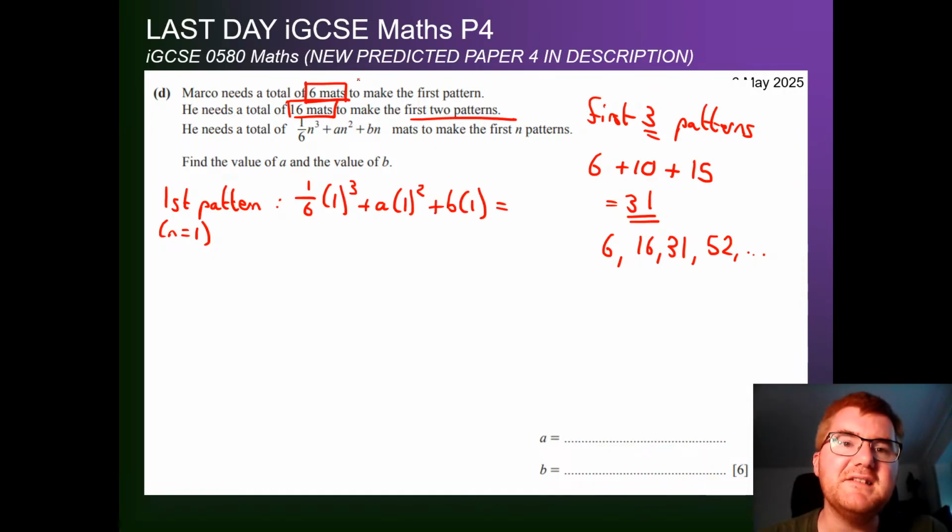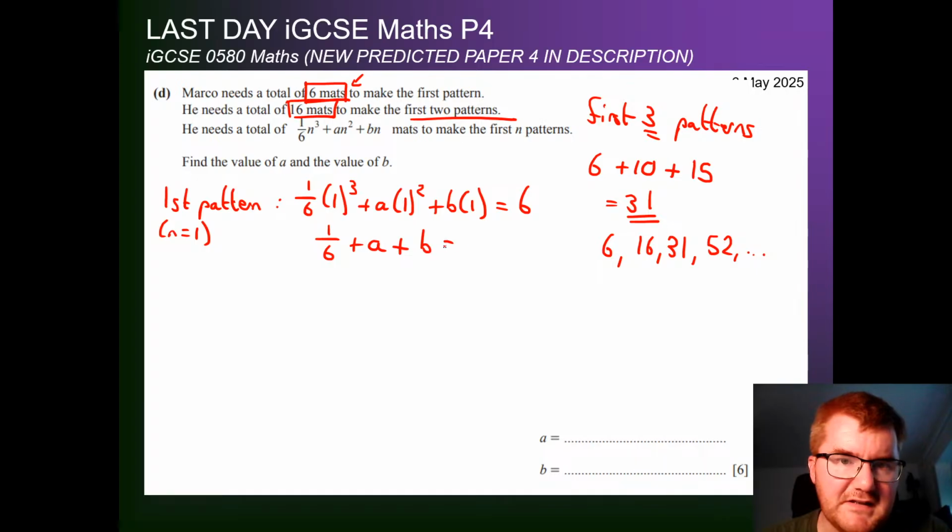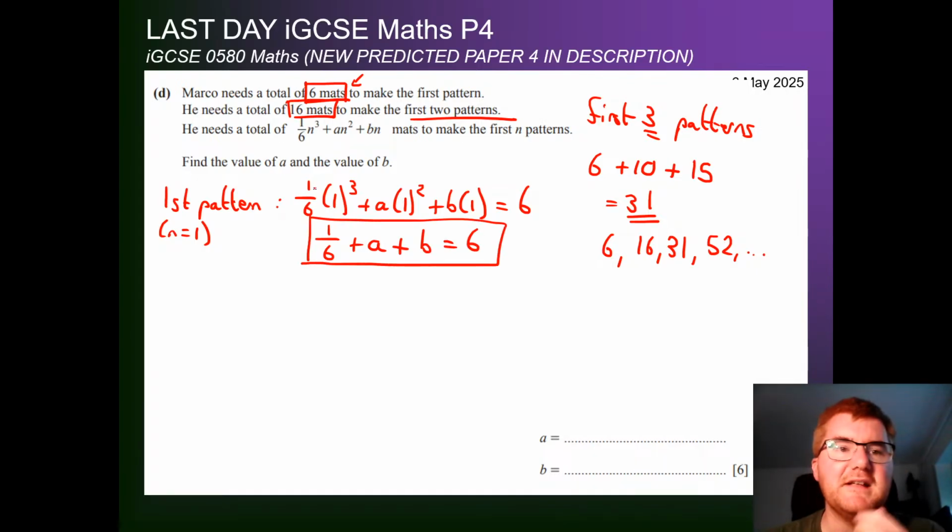And we know that has to equal 6. So we know the first pattern, which has a total of 6 mats, if we put n into our nth term here, we will then generate 6. Now we can simplify this down quite nicely. So we have 1/6 plus a plus b is equal to 6. So keep that equation in mind, and we will come back to that in a moment.